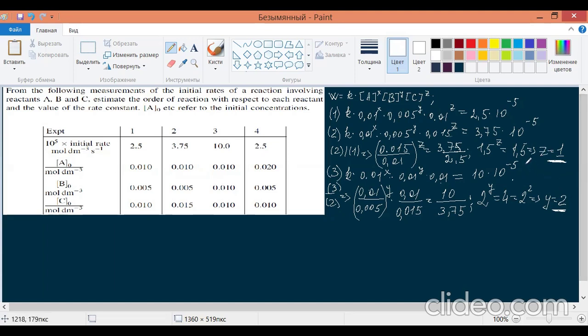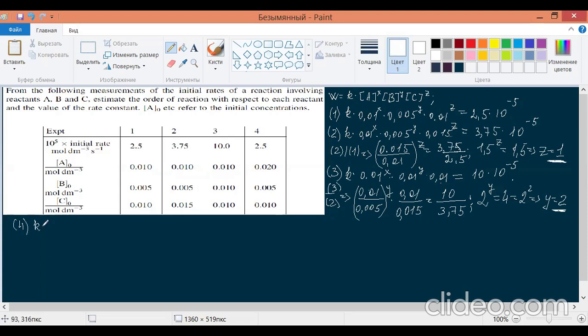Good. Now, all we need to do is calculate the value of x. We can do it easily using any of the three equations. Let's take the fourth, no problem. Let's write down the kinetic equation for the fourth experiment findings.